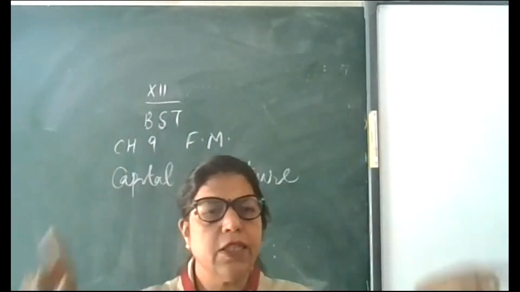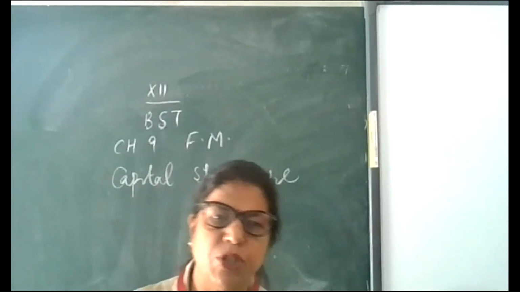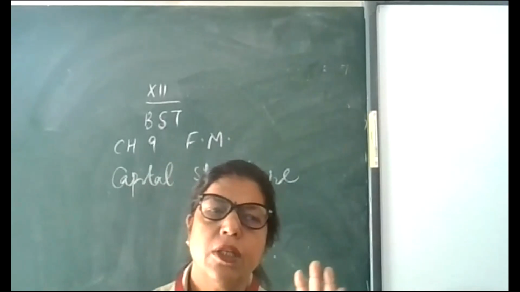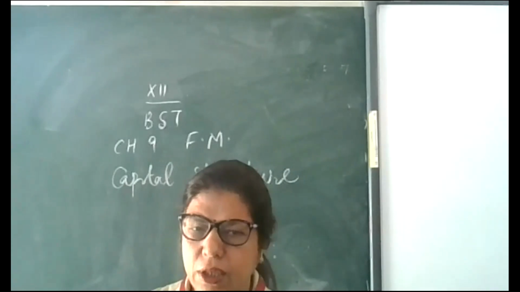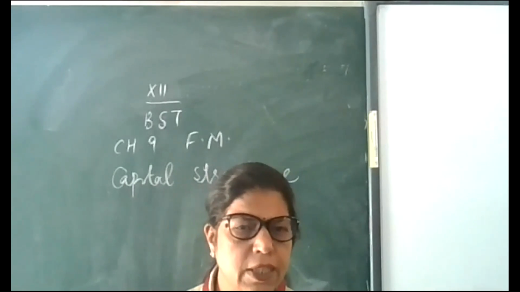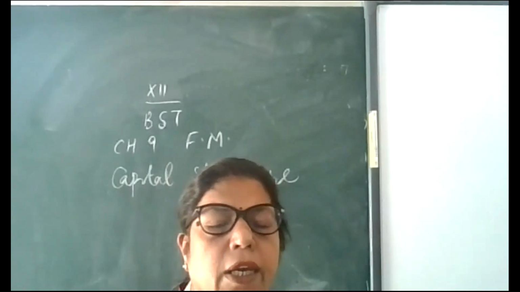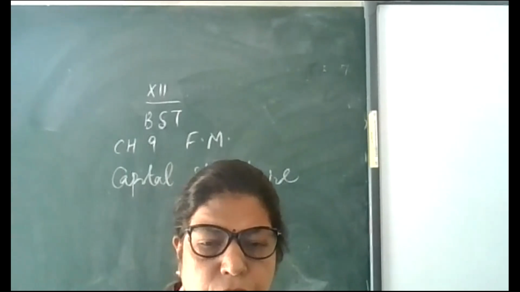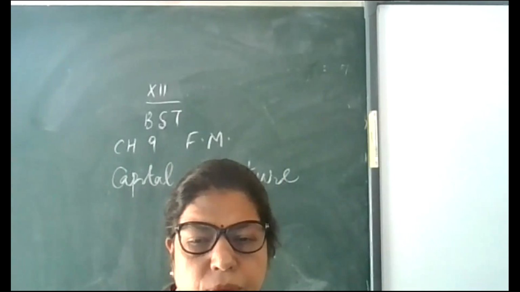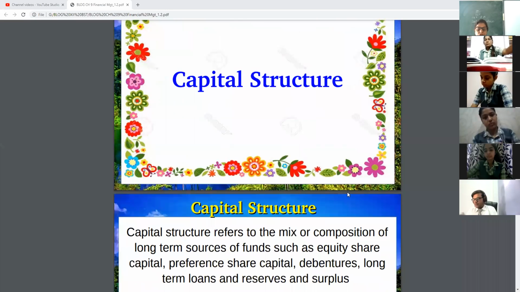Capital structure means the combination of debt and equity, combination of borrowed fund and own fund. So in this topic you will see what will be the capital structure of the company and what are the factors affecting it. So first of all, note down please, this is the topic capital structure.